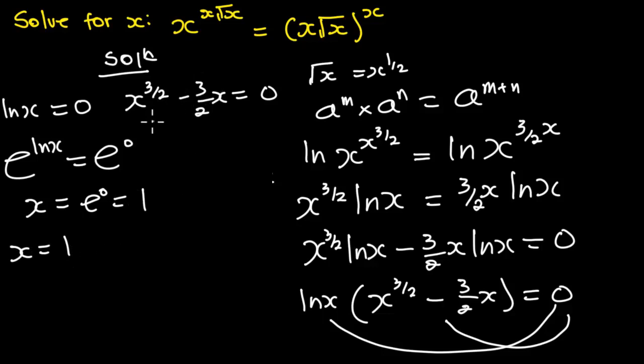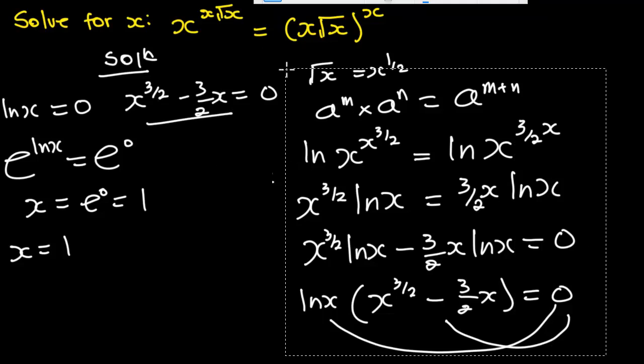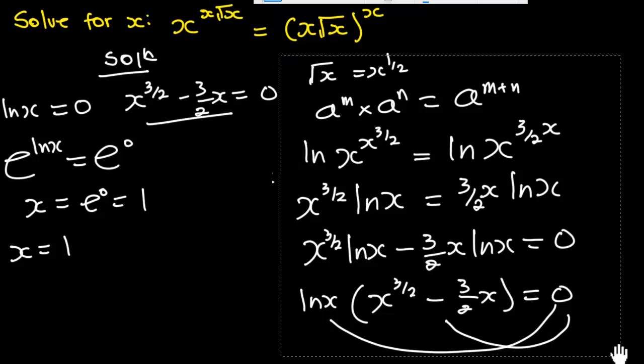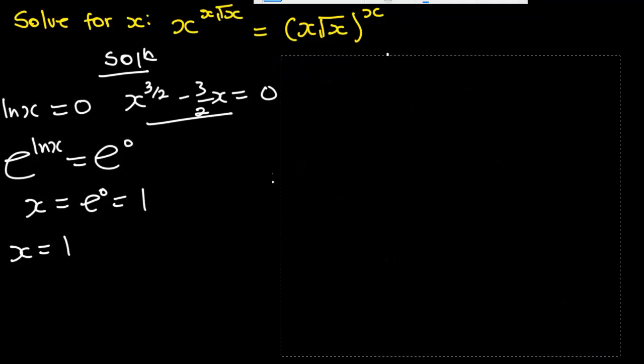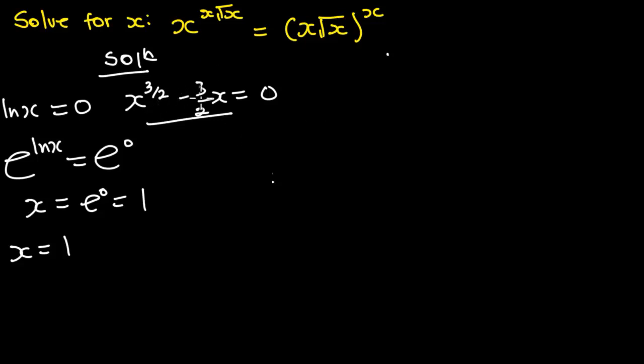Now let's move on to this one. And so from here we have x to the power 3 on 2 minus 3 on 2 multiplying x is equal to 0. Now from here I can factorize out x. So let's do that. So we are going to have x out.